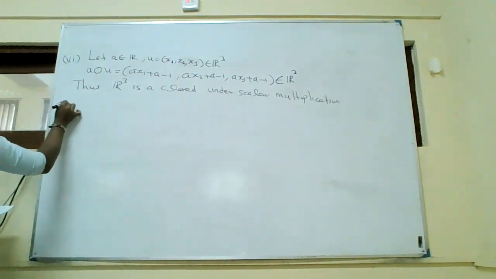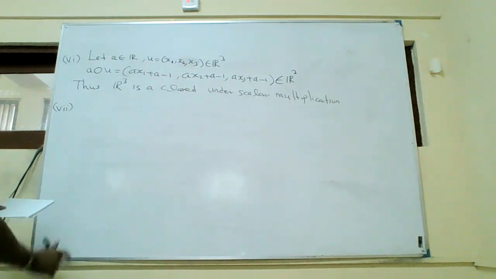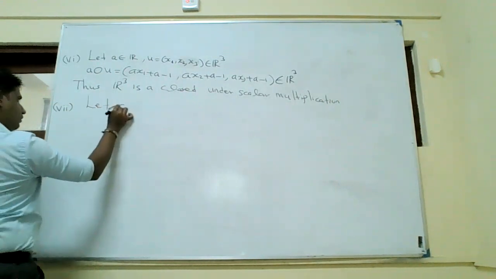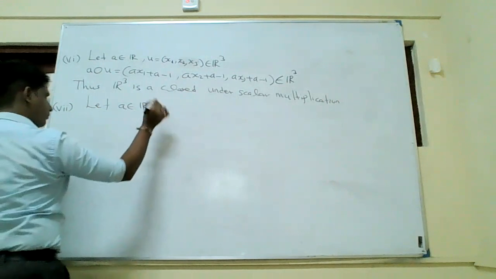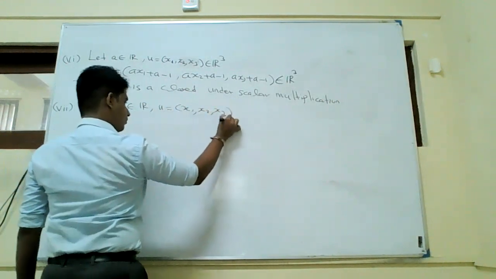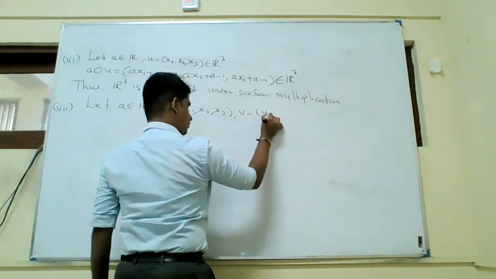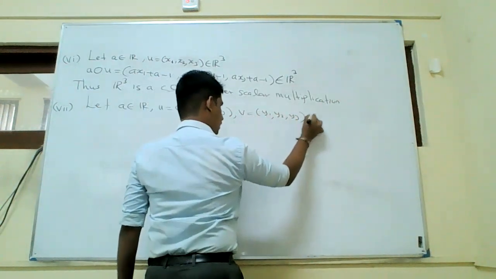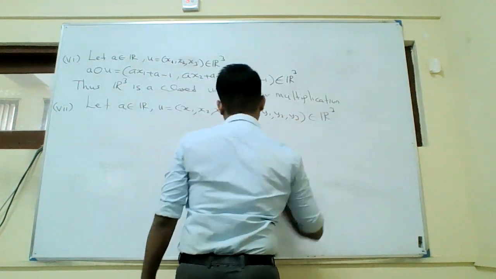So axiom 7. You take one scalar and two vectors belonging to R cube.